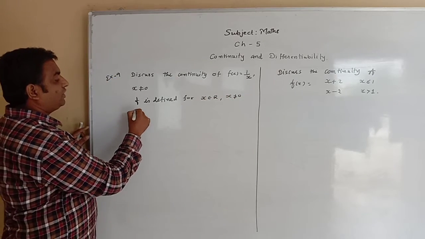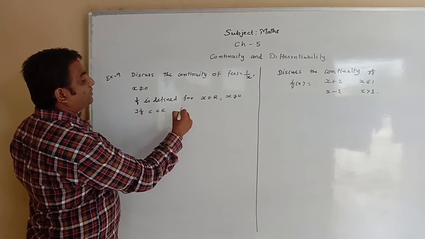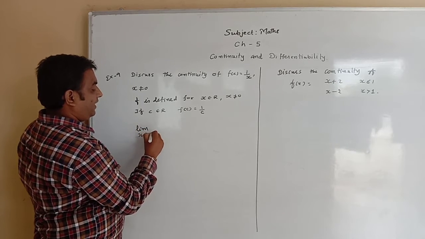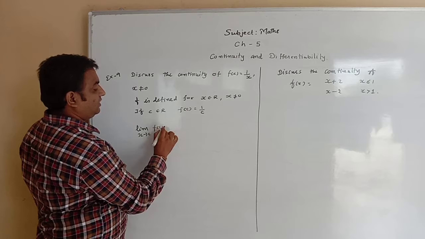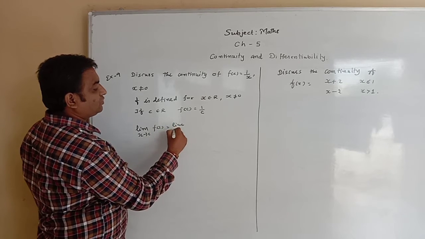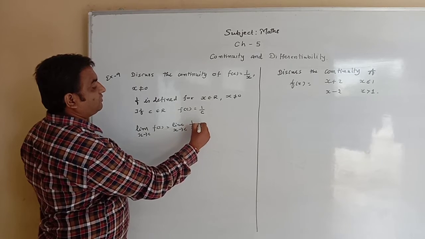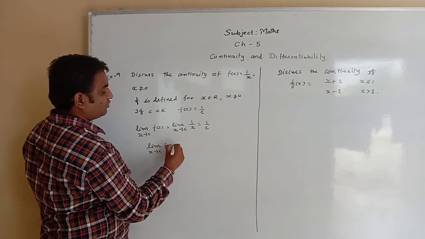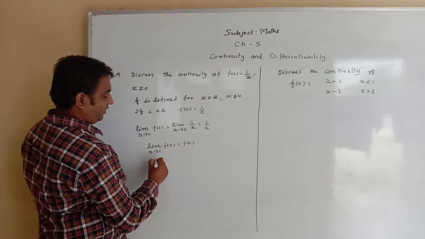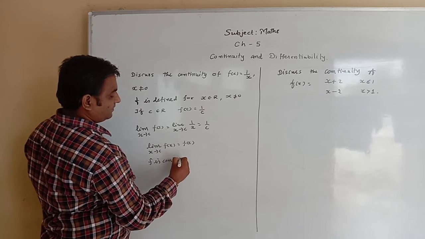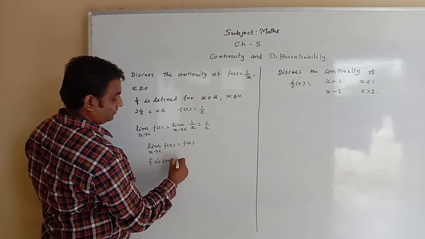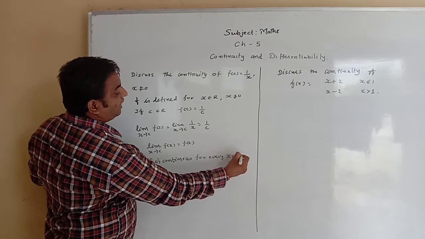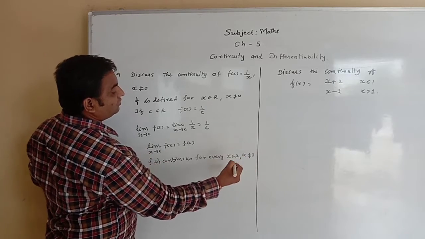And if c belongs to R we take, then f(c) equals 1 upon c, and limit x tends to c, f(x), we find out, limit x tends to c of 1 by x, which will be 1 by c, and so we can write that limit x tends to c, f(x) equals f(c), and so f is continuous for every x belongs to R except x equals 0.